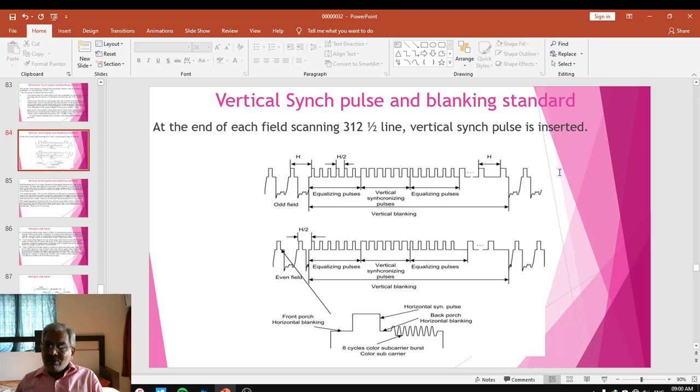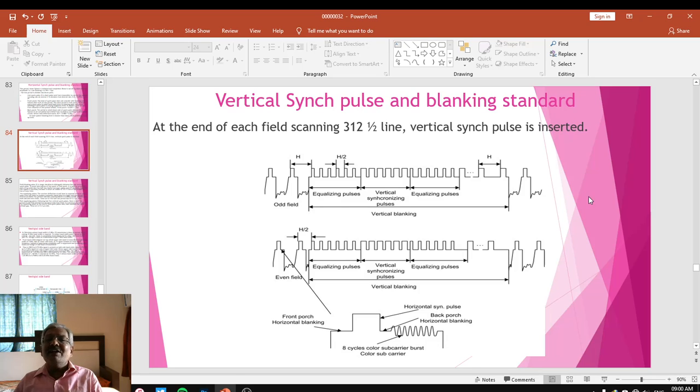In short, vertical sync and blanking pulses are introduced at the end of every field, that is at the end of the odd field where the odd field retrace begins, and also at the end of the even field where the even vertical retrace begins.